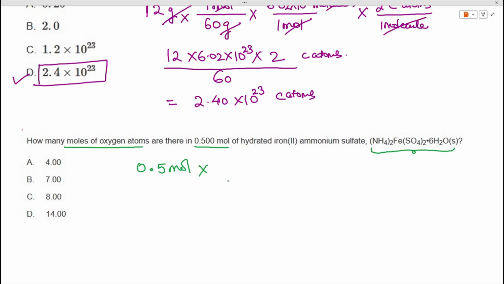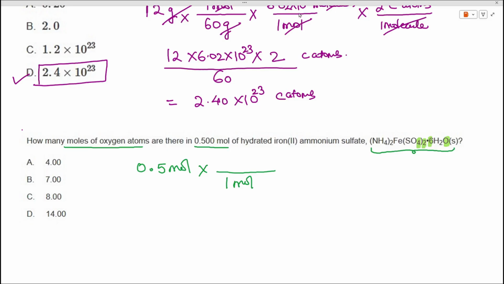So we would say that 1 mole of hydrated salt has how many oxygen atoms? If you check oxygen atoms, it's 4 times 2, so 8 over here, plus 6 over here. So 8 plus 6 is 14.